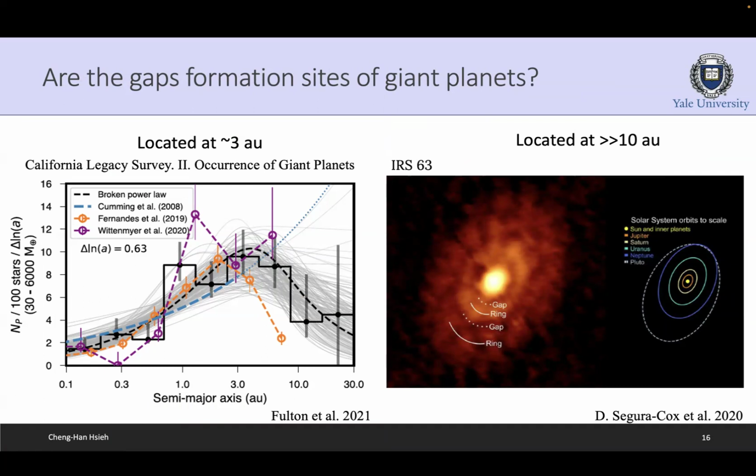But if you look at the California Legacy Survey, the distribution of giant planets is usually located around 3 AU. So there seems to be a conflict. Maybe these rings and gaps are not really forming planets, are due to instabilities, or maybe this is a hint for planet migration.